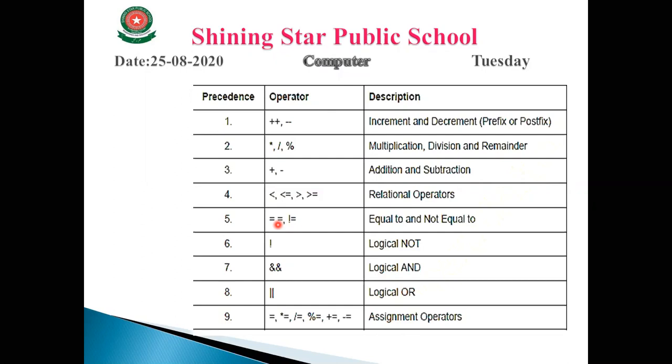When we solve all these types of operators, at the end, the lowest priority operators are assignment operators. If you learn all these operators, you have to remember all these priorities.